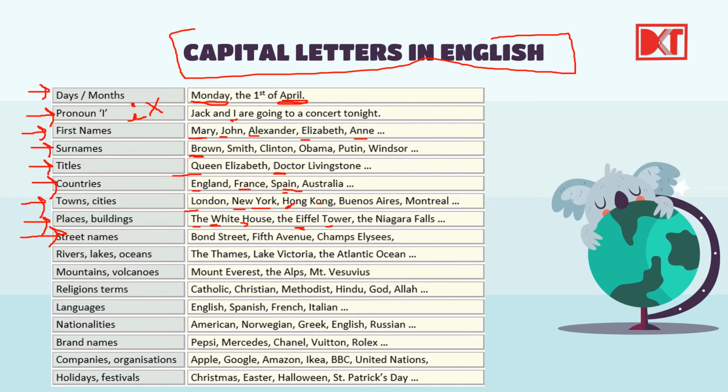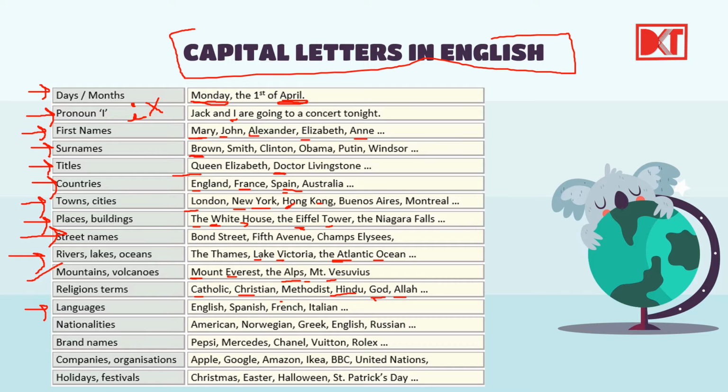Street names, rivers, lakes and oceans like the Thames, Lake Victoria, Atlantic Ocean, A capital. Mountains and volcanoes, Mount Everest, M and E capital. Alps, A capital. Mount Vesuvius. Religious terms like Catholic, Christian, Methodist, Hindu, God, Allah, all these first letters capital.